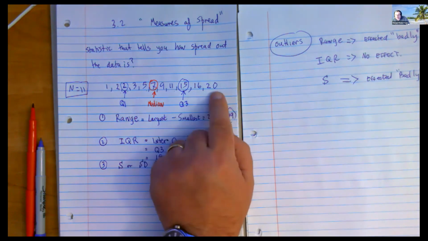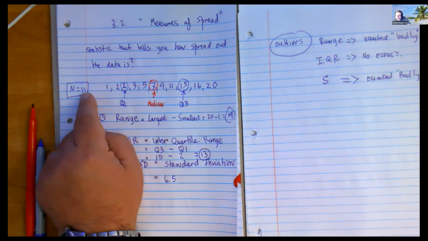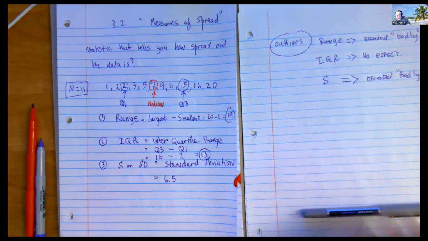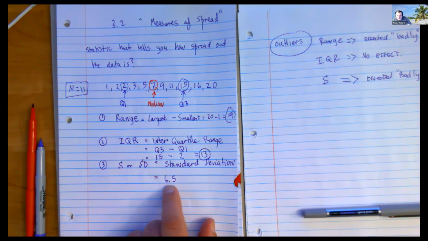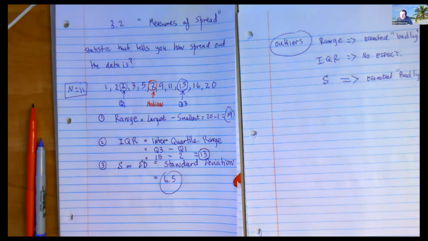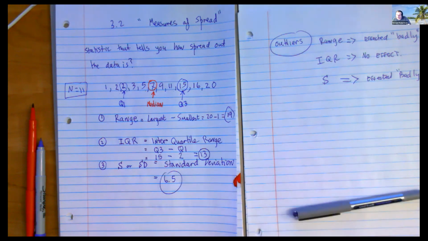If you put in one really big outlier or one really small outlier, the standard deviation is much bigger than it would have been if that number hadn't been there. So something that might have a standard deviation of 6.5, which it has right now, I'm going to go back to that data set and change that 20 to 200. That's the only thing I'm going to do.